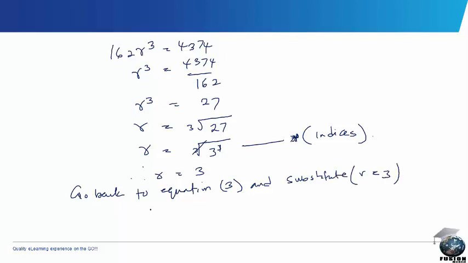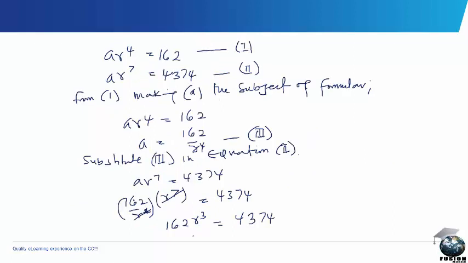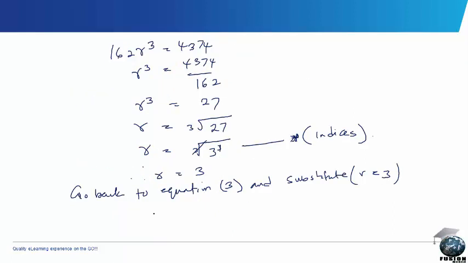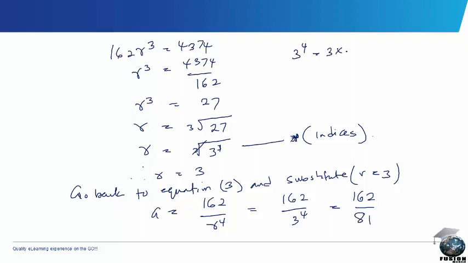Equation 3 states that a is equal to 162 over r raised to power 4, which implies 162 over 3 raised to power 4. 3 raised to power 4 is 3 times 3 times 3 times 3, which is 81.